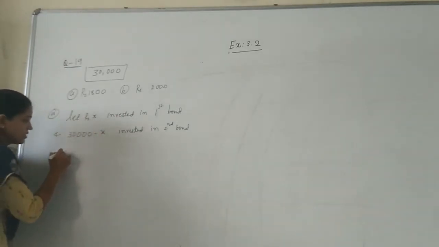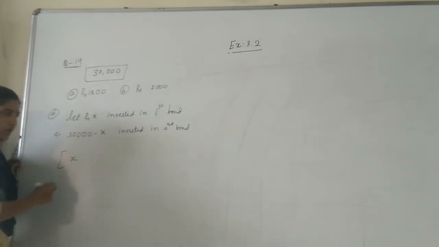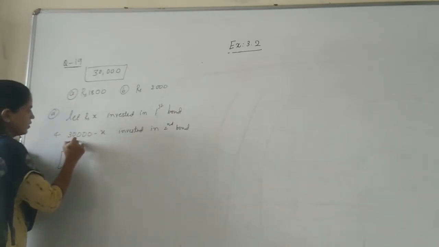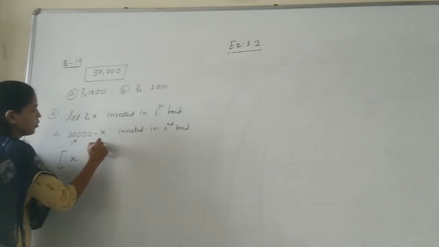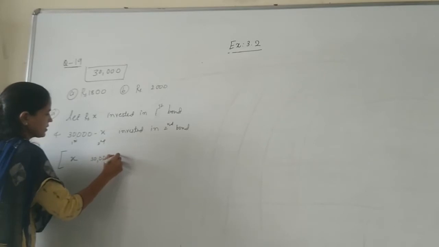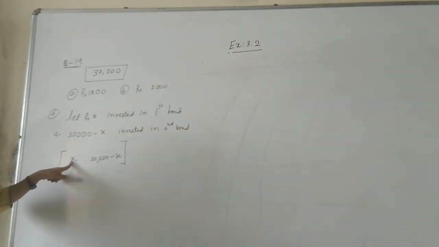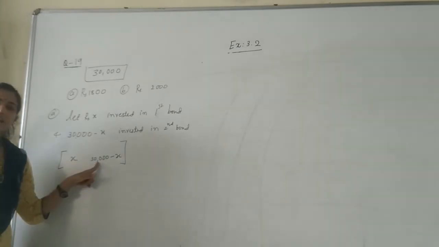So I am writing this in a matrix row, one row, that is the first. Okay, first bond x, then second bond 30,000 minus x, right? This is the first thing we are having. Then first bond invested x rupees and second bond 30,000 minus x.